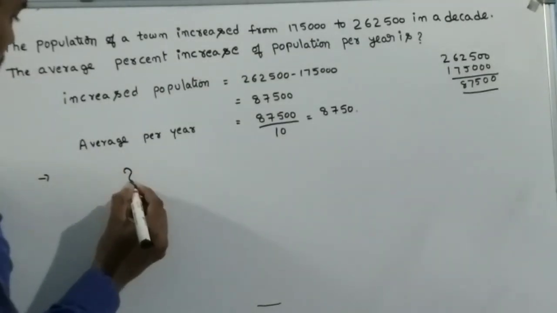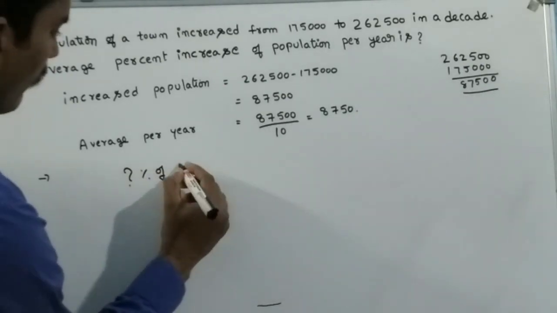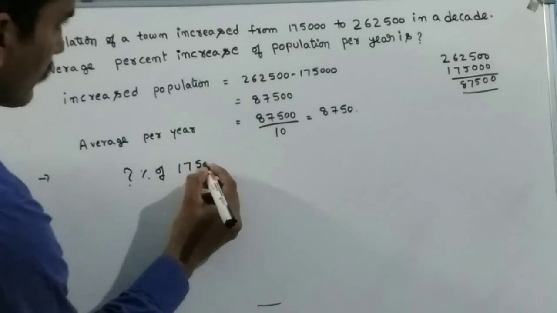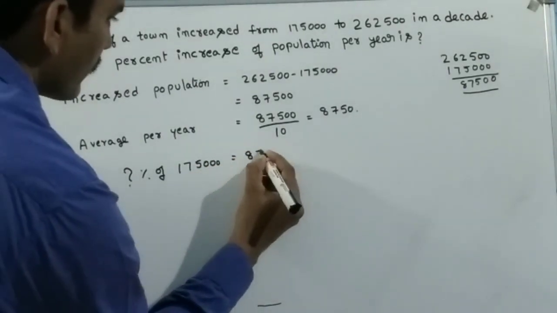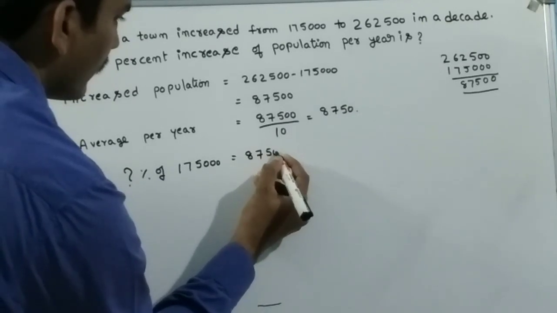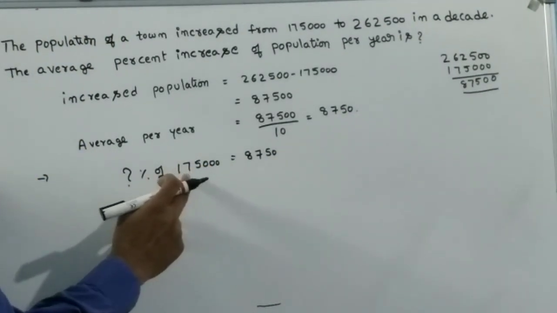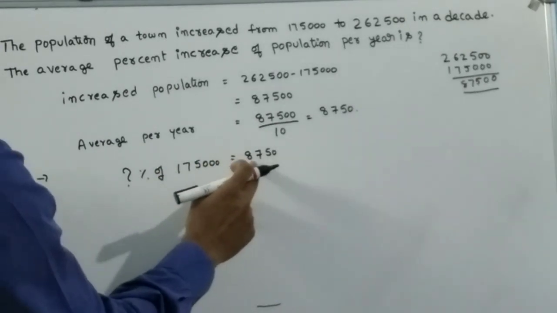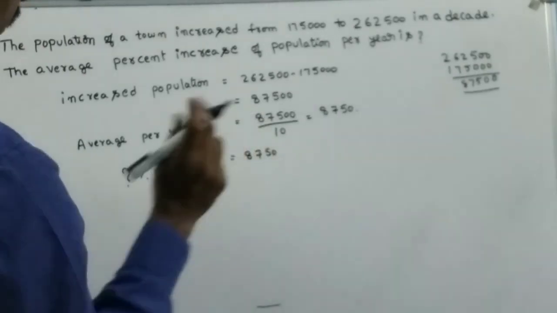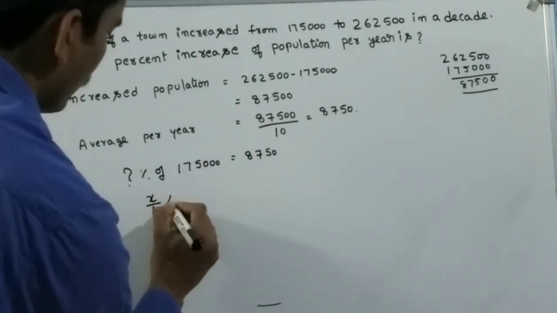Then what we have to find out is what percentage of 1,75,000 is 8,750, the difference. What percentage of 1,75,000 is 8,750?